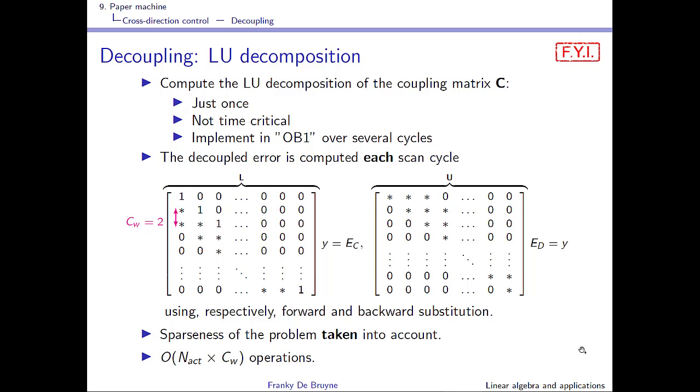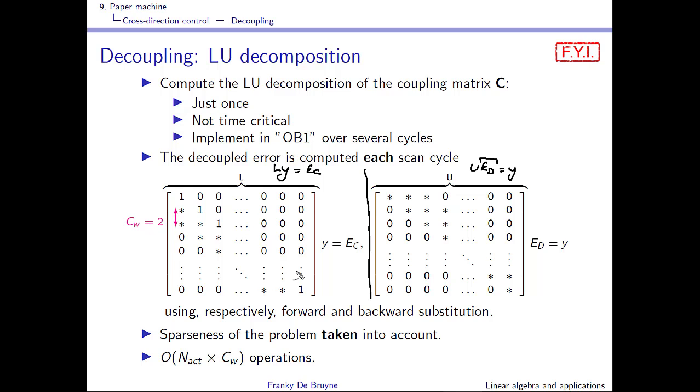So here I guess things are maybe a little bit clearer. So this is Ly is equal to EC, and then once you have computed y, you can solve U ED is equal to y. This is the one you're looking for. So this is the first system that you solve over here, and for free you have already a system that is in a form that is easy to compute.